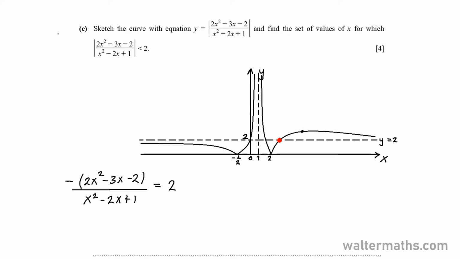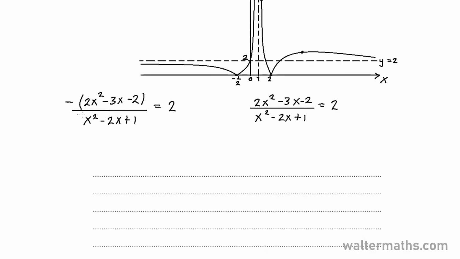And for this third point, this is where the graph of (2x squared minus 3x minus 2) over (x squared minus 2x plus 1) intercepts the line y is equal to 2, like this. So these are the two equations we're going to solve to get these 3 points.